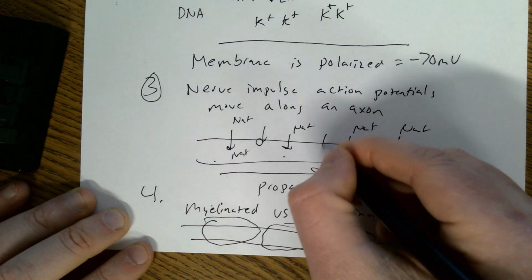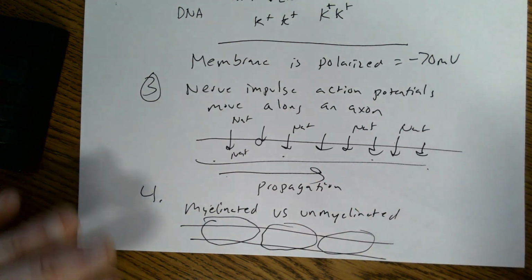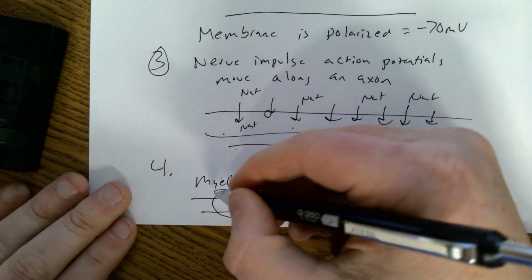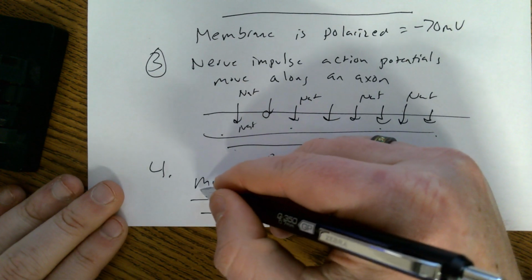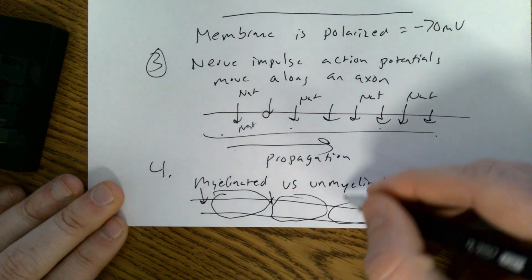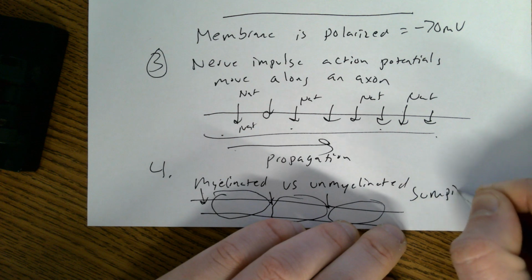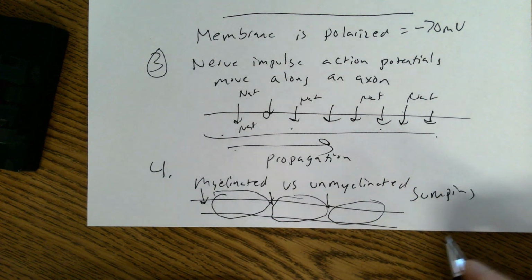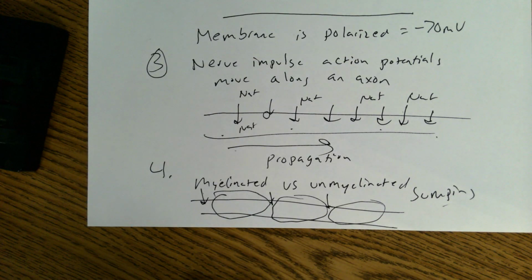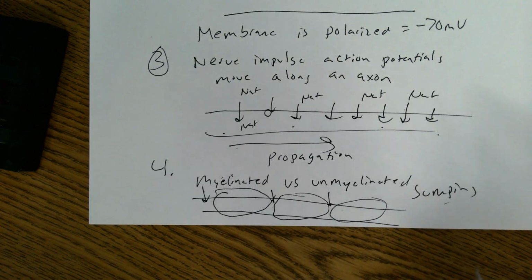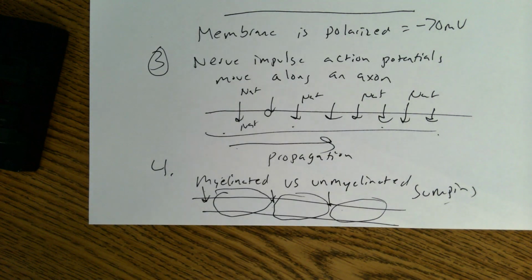Instead of happening along every single part of the axon, it only happens at what are called the nodes of Ranvier. So it'll enter here and here and here. Instead of moving in a smooth motion, the signal is jumping along the axon to these spots. That will speed it up and cause it to take less energy, which we'll see more about later.